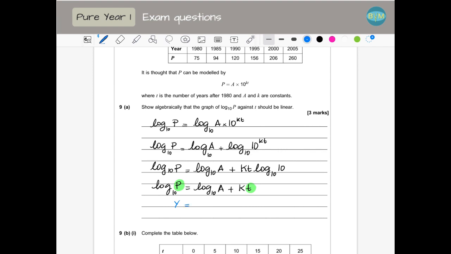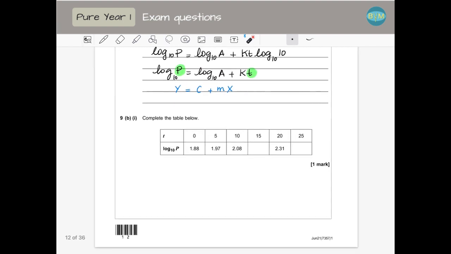This is a number, because A is a constant, so this is going to be my Y-intercept. And then I have K, which is a constant, that will be my gradient, times T, which is like my X. So if you compare these two expressions, this would be a line, where K is the gradient and log A is my Y-intercept. This is the first part.